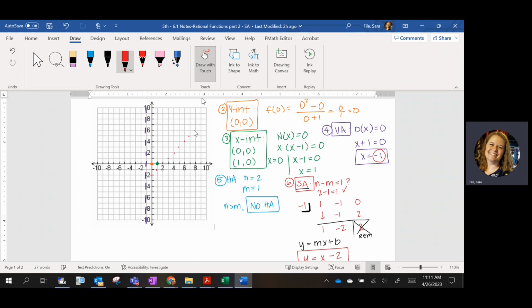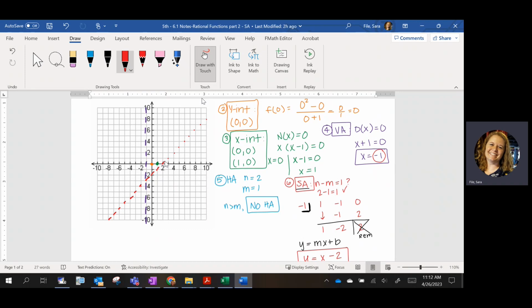You can see this is the slant asymptote. You can do it just as little dots like this, like it's a dotted line, or you can draw the dashes and make it a dashed line. I really don't care how you do that, as long as you can see where your slant asymptote is.